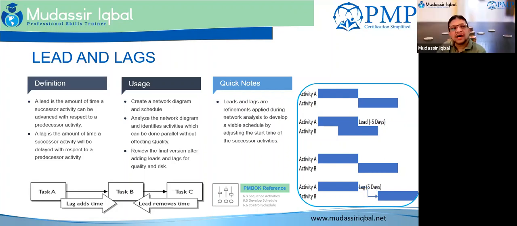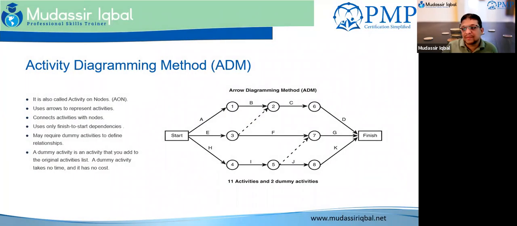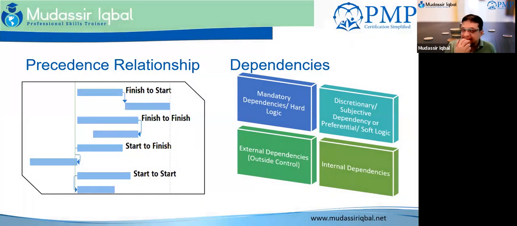No problem. So just to take another minute on the topic that we were discussing before the break. On this one, the example that Kashif you have given is more of a discretionary dependency than a mandatory dependency.